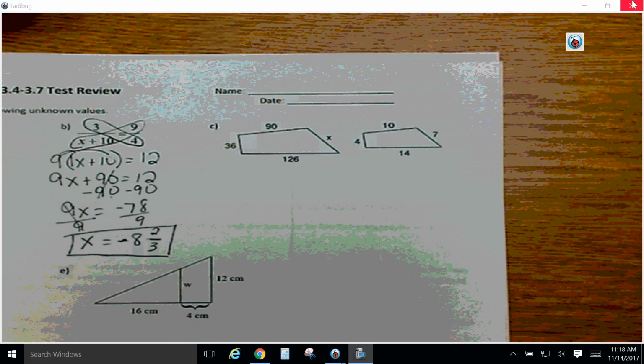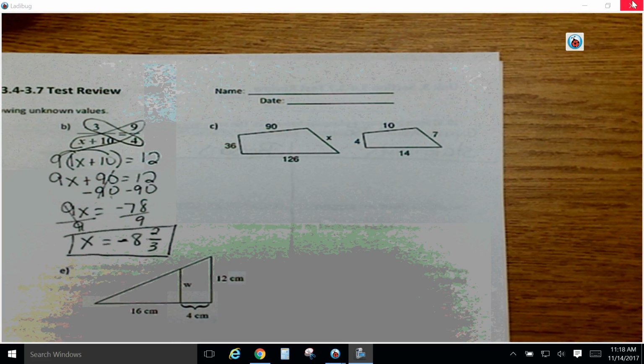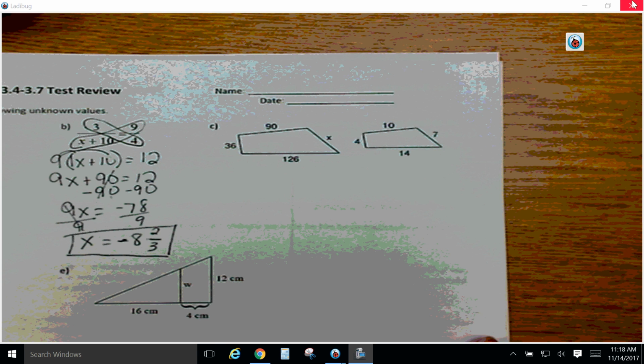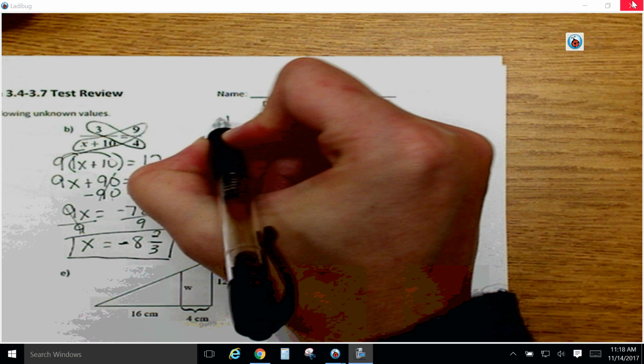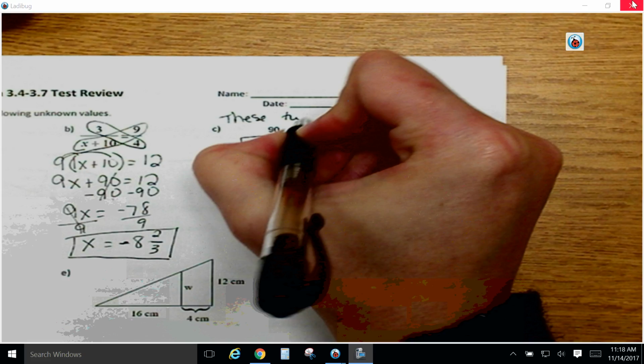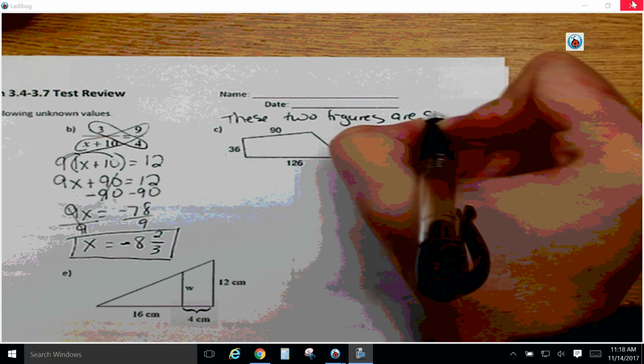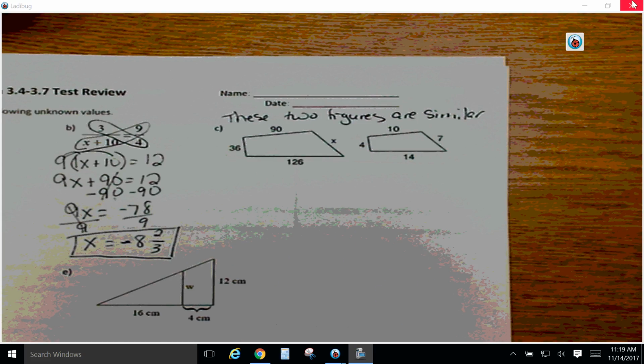So on C here, we have to use what we know about similar figures. They would have to tell you that these two figures are similar. If you didn't know that, technically you could not do this proportional relationship. But I'm telling you, these two figures are similar.